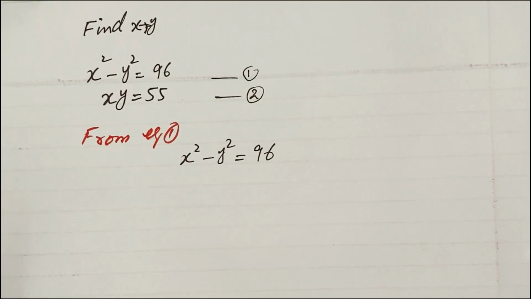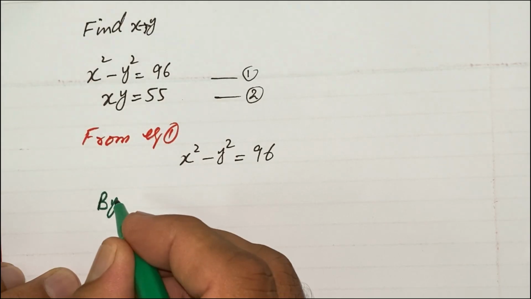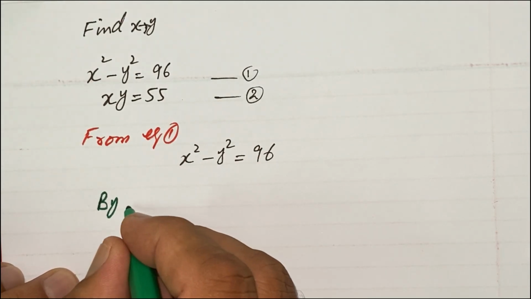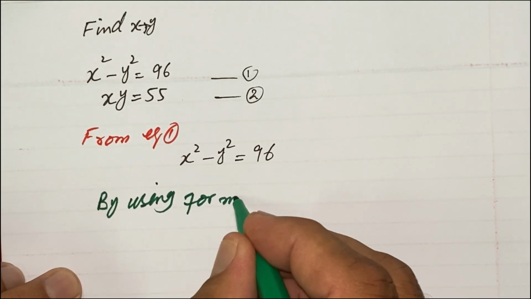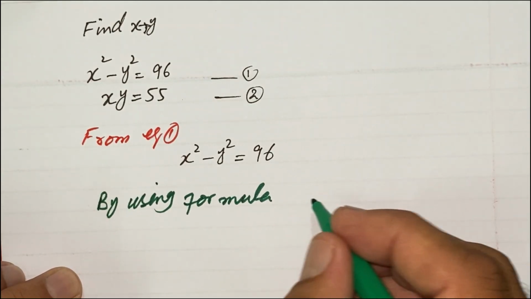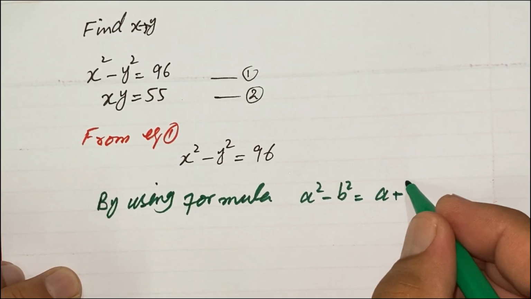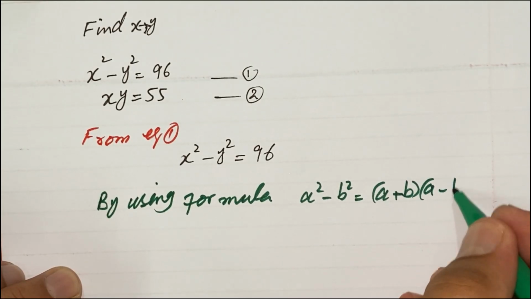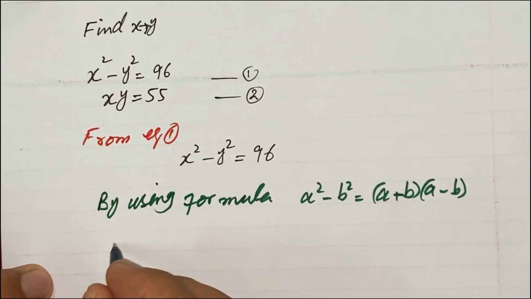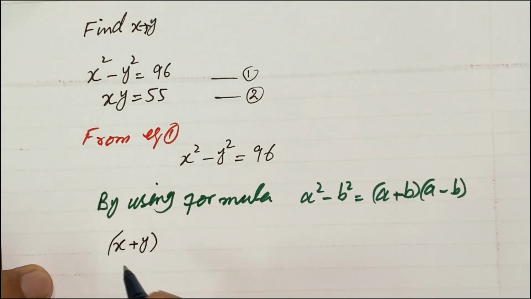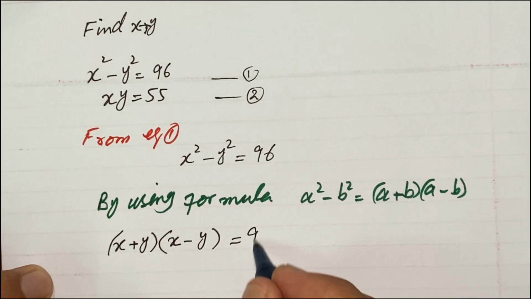By using the formula a square minus b square is equal to a plus b, a minus b, now x plus y, x minus y is equal to 96.